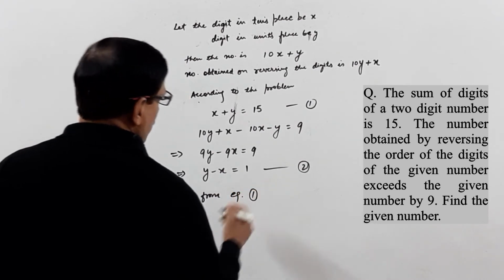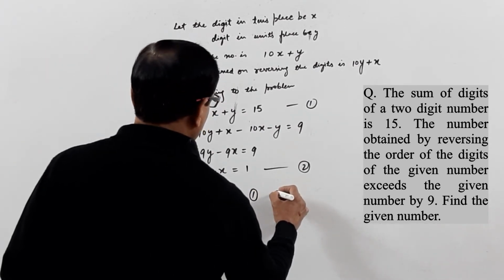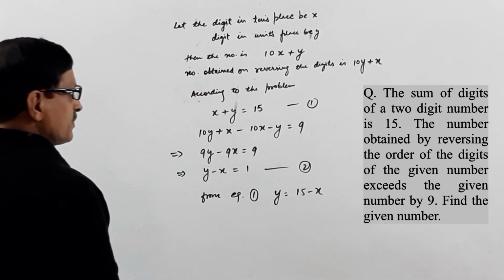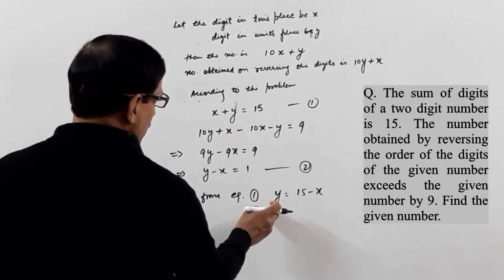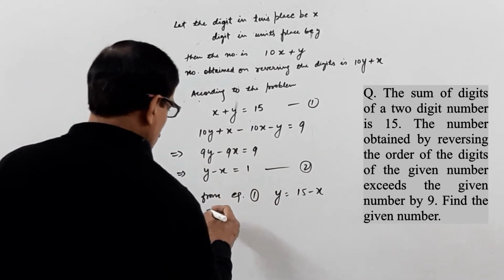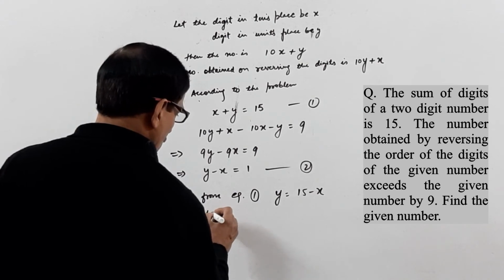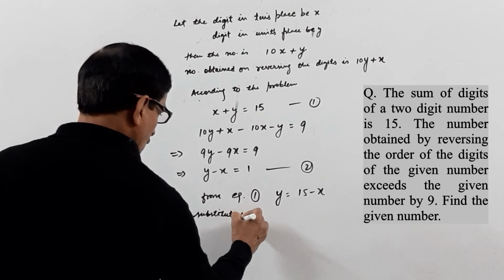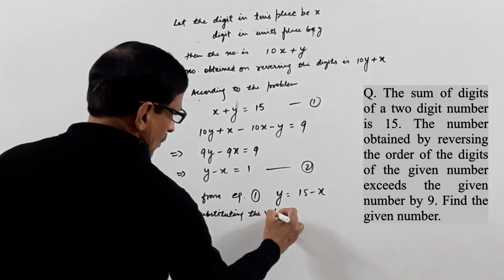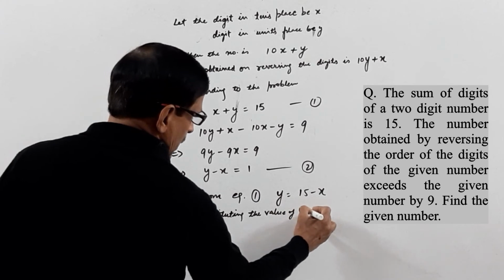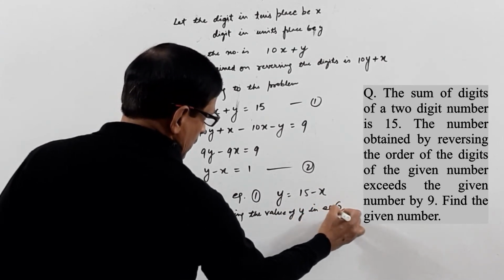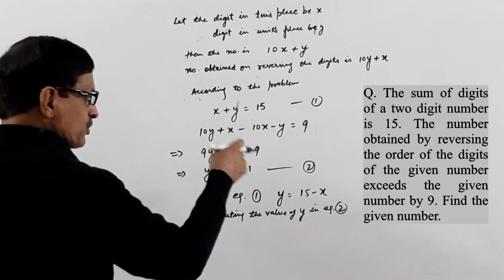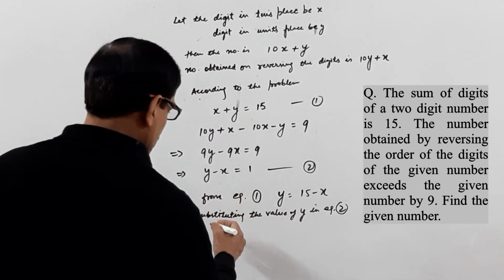From equation 1, y is equal to 15 minus x. We substitute this value of y in equation 2. So first you obtain the value of y from equation 1, then substitute this value in the second equation.